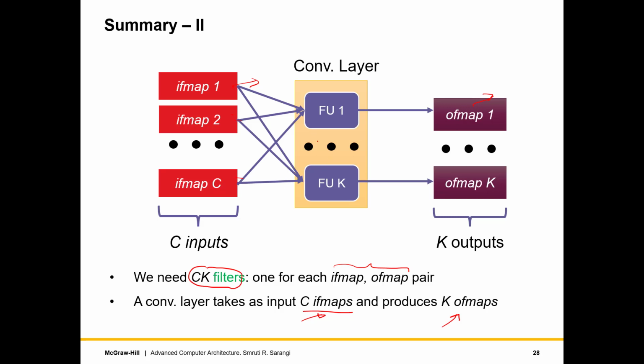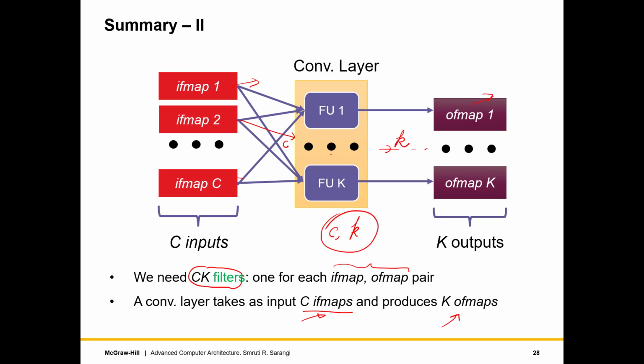What we said is that for the kth output feature map, we are again reading all the filters. But again, let's say that it's the small kth output feature map over here. For the cth input feature map, we will use essentially the c comma kth filter.